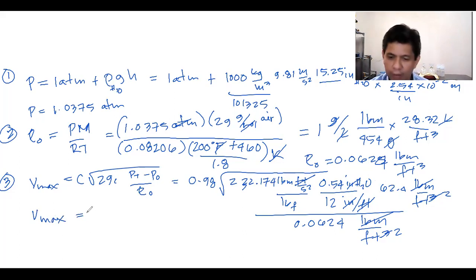We're going to use the calculator. Let's confirm this. The square root covers the whole term. So 0.98 times the square root, and inside, 2 times 32.174 times 0.54 divided by 12.